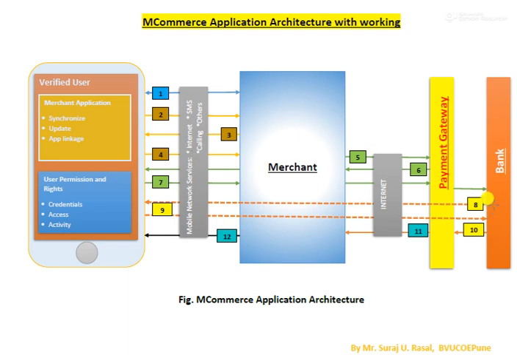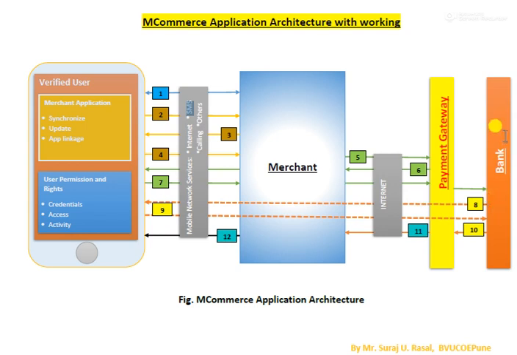Right now, in this 8th and 9th step, only the SMS service is used. After that, the user is going to enter the OTP received within the messages of the smartphone. Okay, so this is the 9th step.